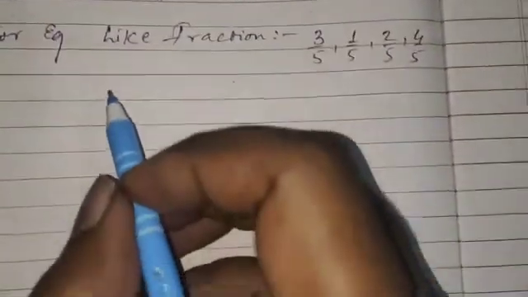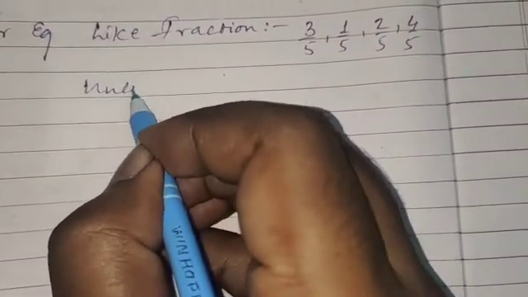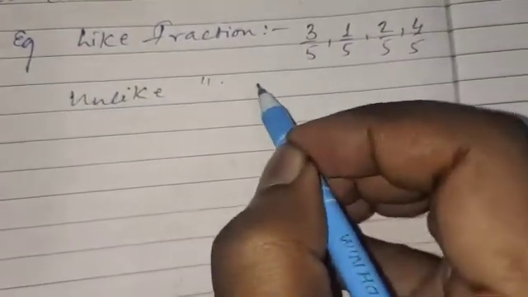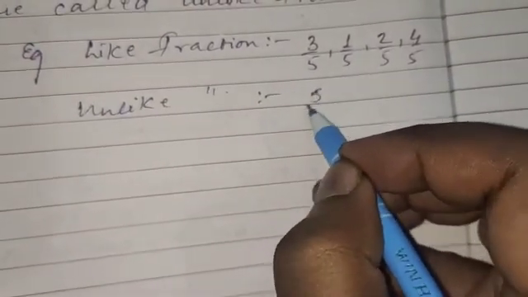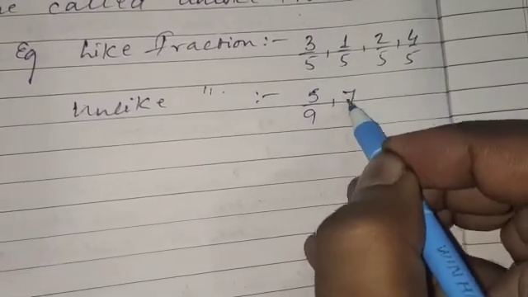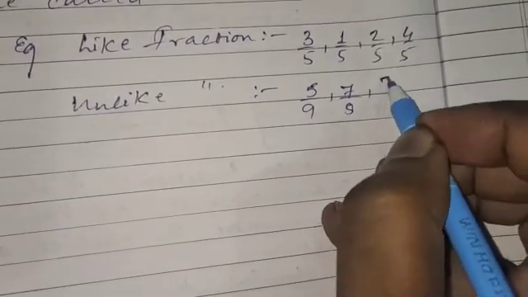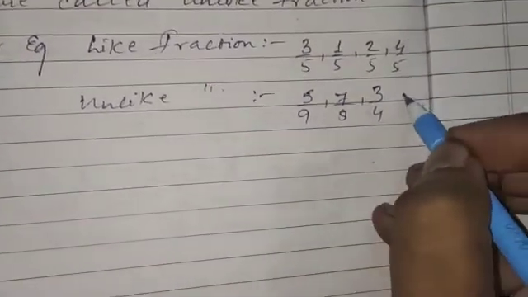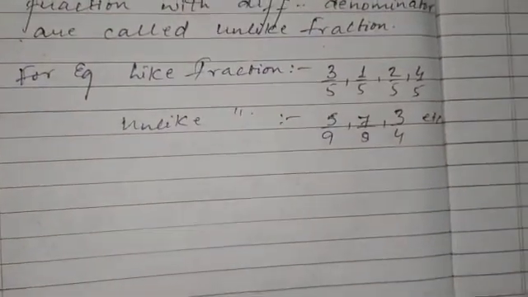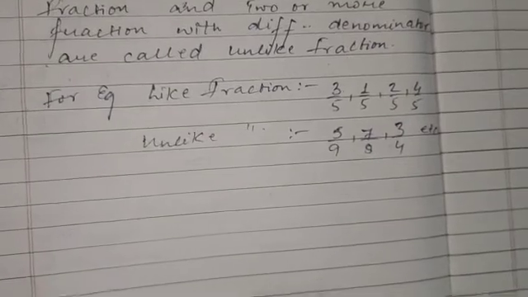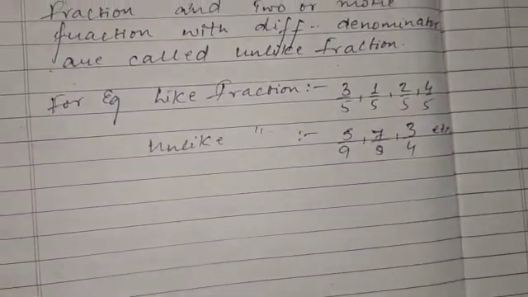Now for the unlike fractions, 5 by 9, 7 by 8 and 3 by 4, etc. Understood? Here you are seeing that the denominators are different. I hope you have understood.